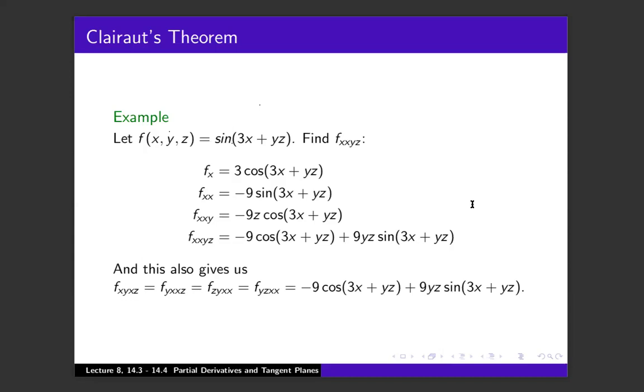So this becomes negative 9 cosine 3x plus yz plus 9yz sine 3x plus yz. Product rule because on the one hand you've got the function z, or more specifically negative 9z, and you've also got the function sine of 3x plus yz. And by the way, you can rearrange those derivatives in any order. They will always give you the same function.